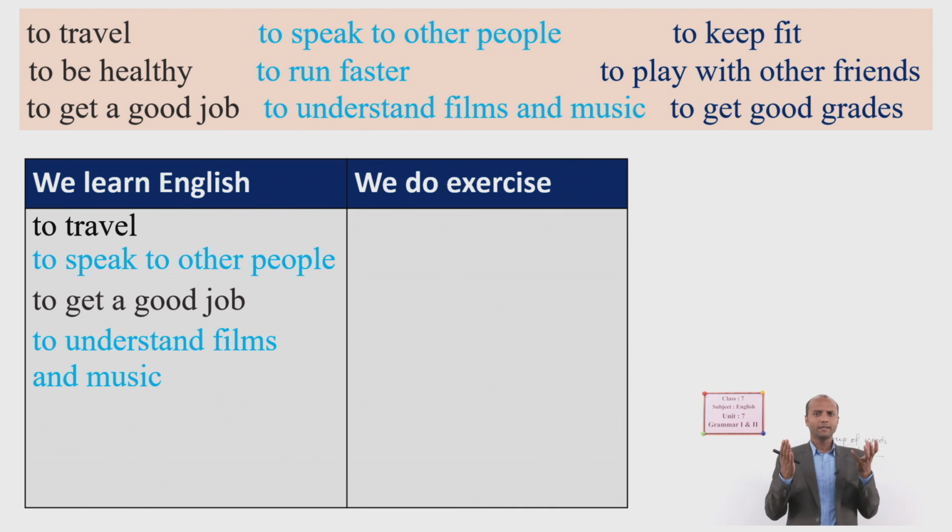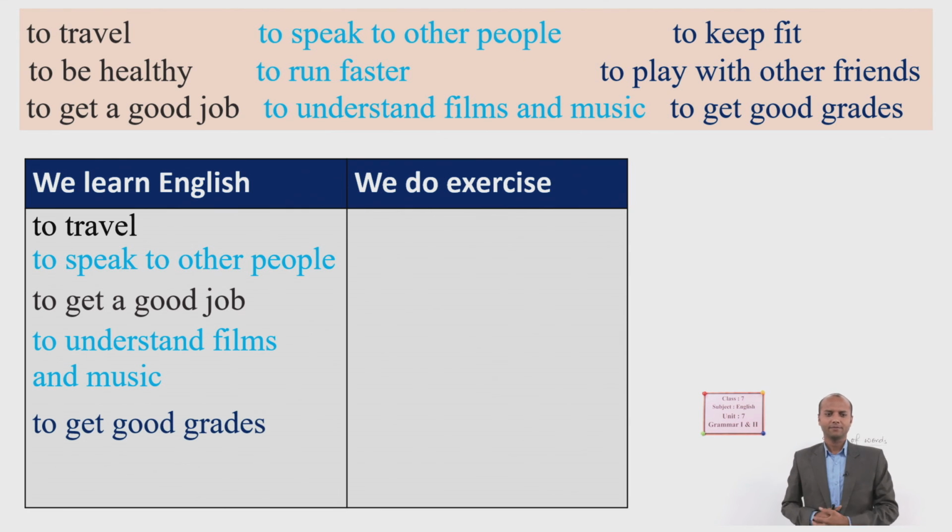You can watch English movies or listen to English songs if you know good English. And the last one is to get good grades. If your English is good enough, you get A plus in your English subject or other subjects as well. So we have finished completing all the expressions related to why we learn English.